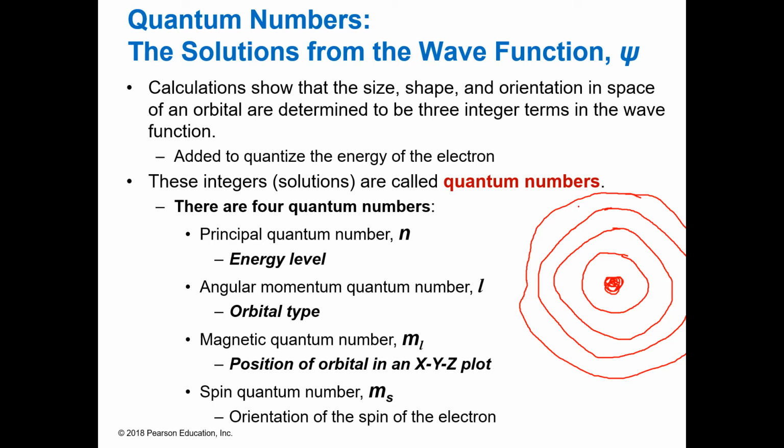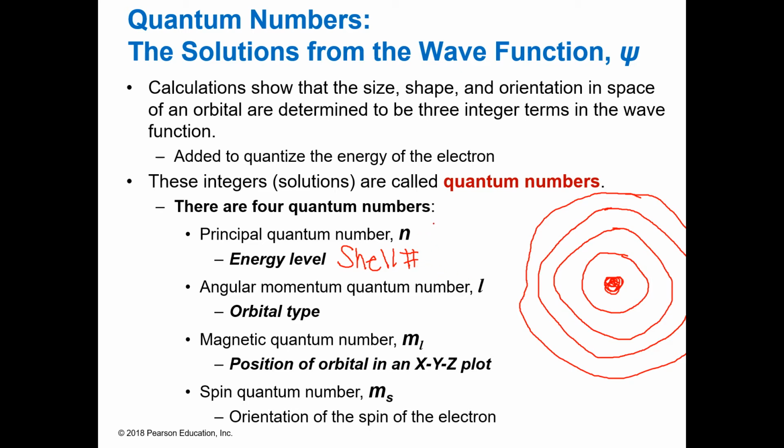Okay, the first one is the principal quantum number. It has a symbol of N. It's the energy level, but we're also going to refer to it as the shell number. Now, we're basically going to focus on 4 shells.